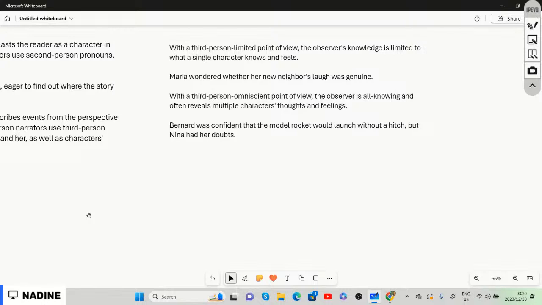With third person omniscient point of view, the observer is all knowing and often reveals multiple characters' thoughts and feelings. So, not just one, but multiple.